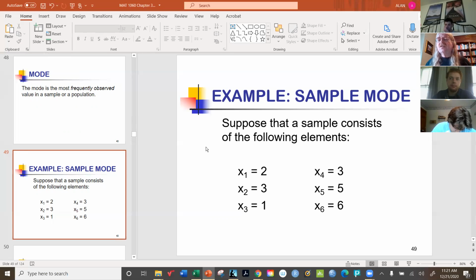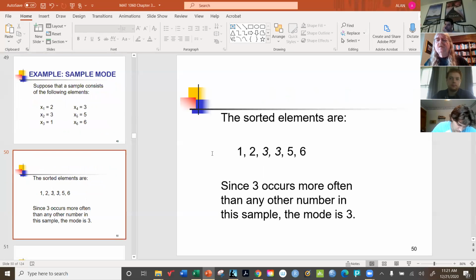And by the way, just like with the median, we have to sort our data here. So we do, and what we notice is that there are 2 3s in there. Guess what? No other values are repeated, so the mode of this sample is 3. And it's that easy.